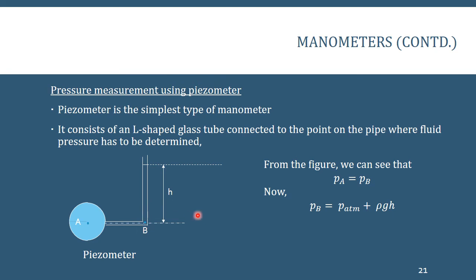Now by convention, P atmosphere can be taken to be equal to 0. And so I will obtain PB as simply rho gh. If I get PB equal to rho gh, I can say that PA is also equal to rho gh because PA and PB lie along the same straight line. And so I have ultimately found out the pressure inside the pipe, that is PA, by using a piezometer.